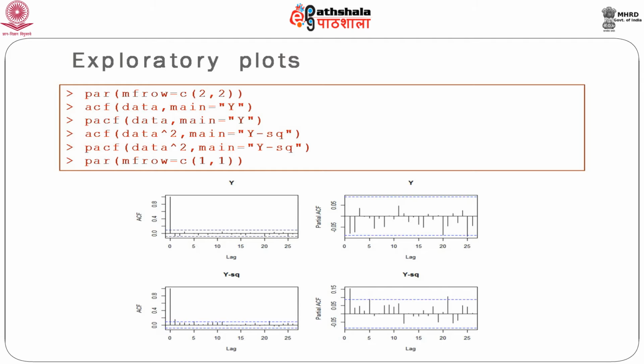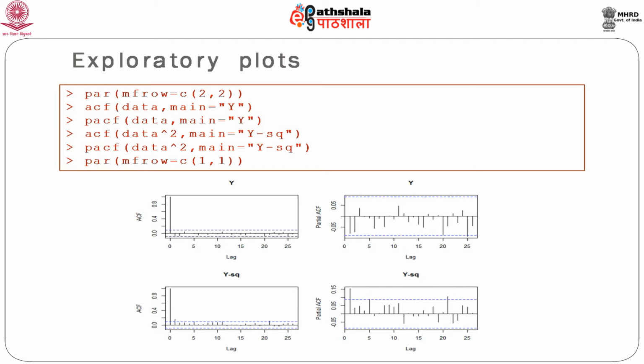Here, if you see the y square, the ACF and PACF of y without squaring are not showing any significant lags, whereas if you take the square, the ACF and PACF are showing significance around lag 1.